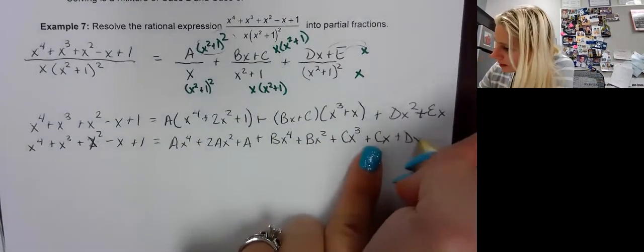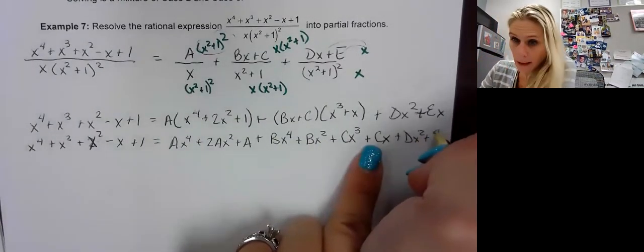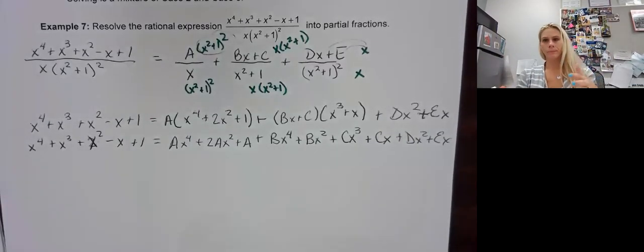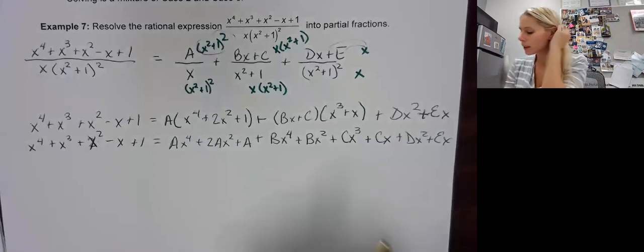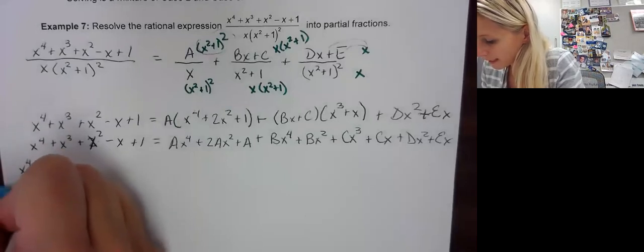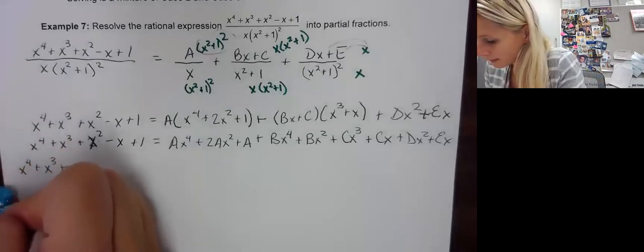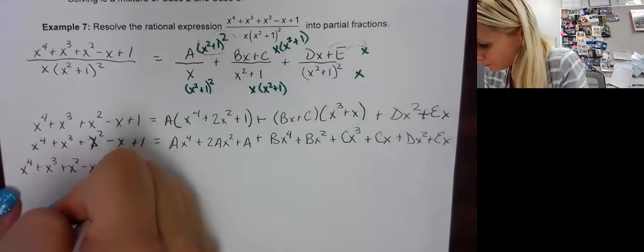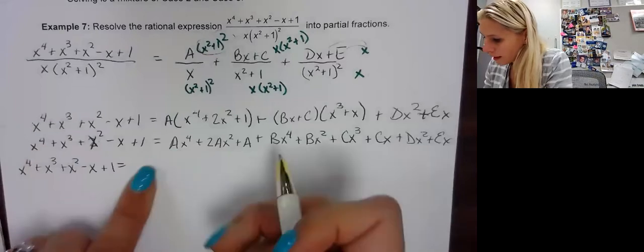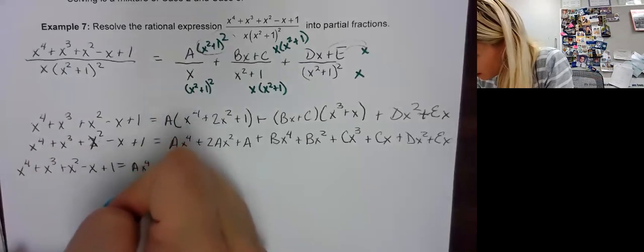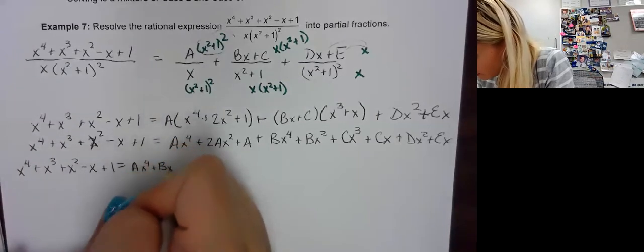dx squared plus ex. Now what? Remember, put like terms close by each other. So I have x to the 4th plus x cubed plus x squared minus x plus 1. Okay, I have a x to the 4th plus b x to the 4th.